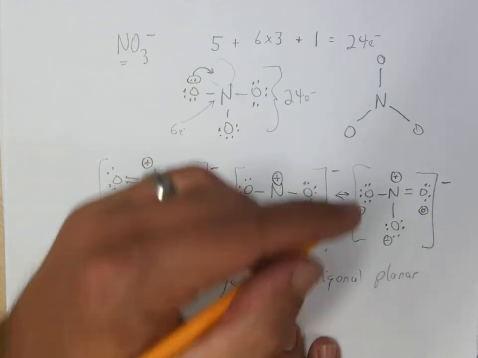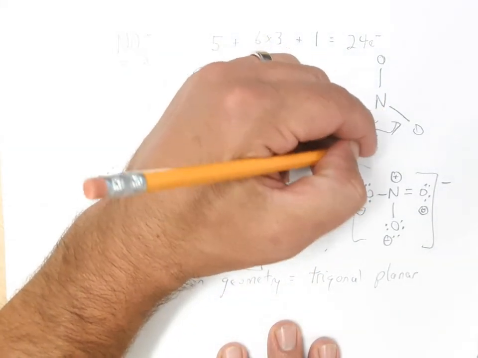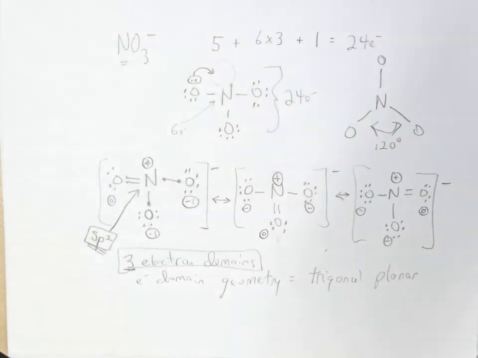So this triangle with the 120 degree bond angles is the right shape for nitrate, and although our dot structure is correct, it does not show the geometry explicitly.